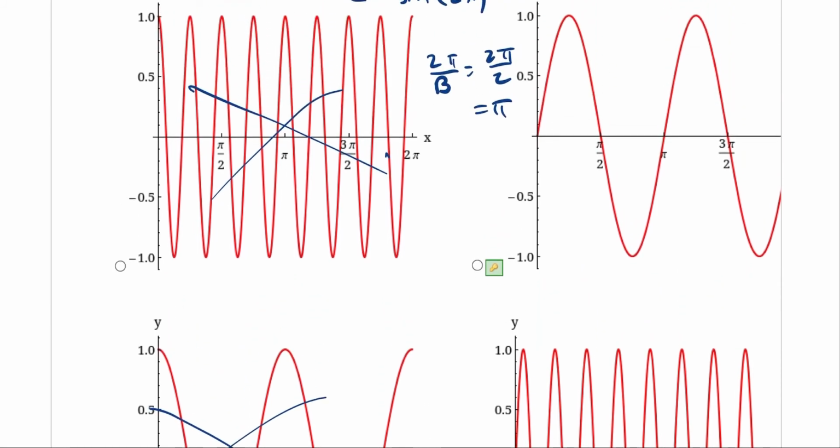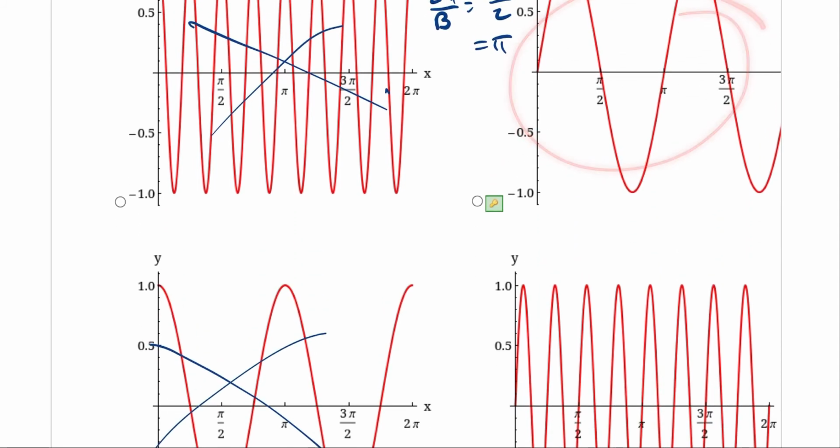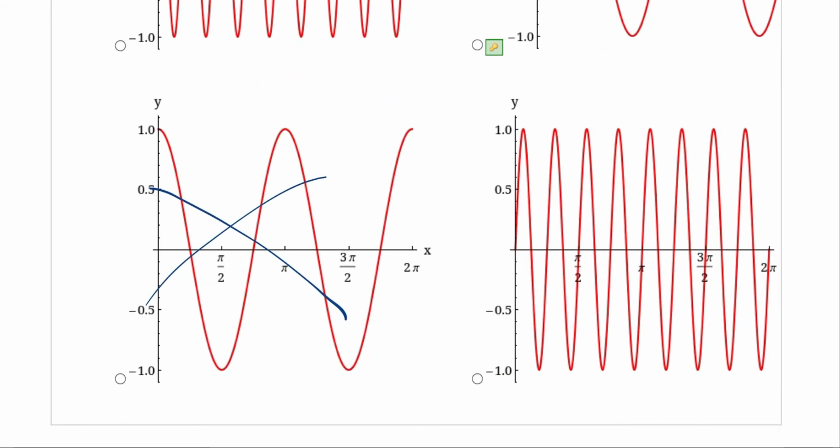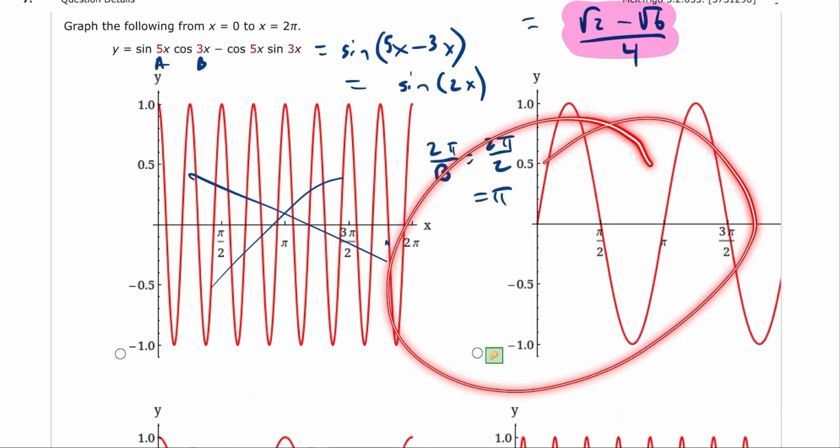It's got to be between these two because these are the only two that resemble sine. They start at 0, as you can see. And it has to have a period of π. That means one complete cycle should end at π, which it does right there. This one does not. This one's complete cycle ends right here, which is π/4. So it's got to be this one right here.